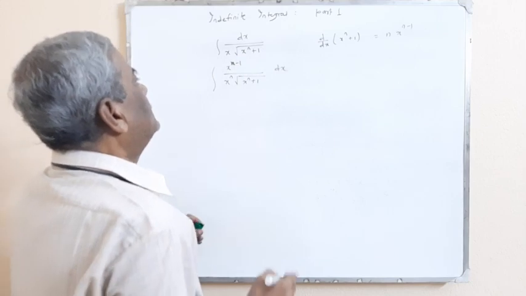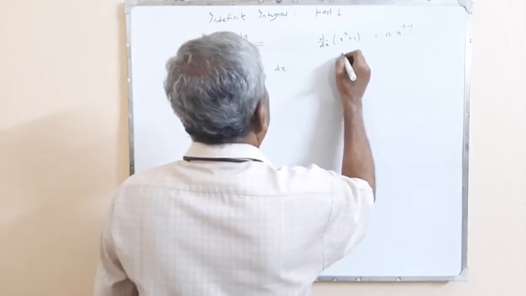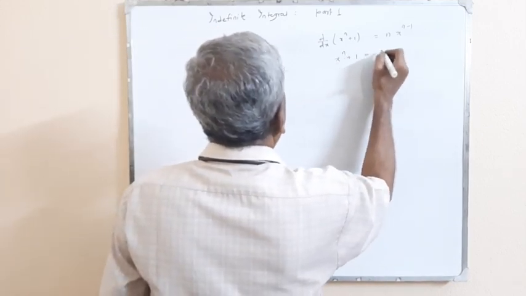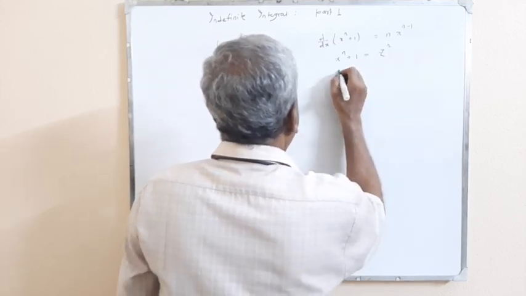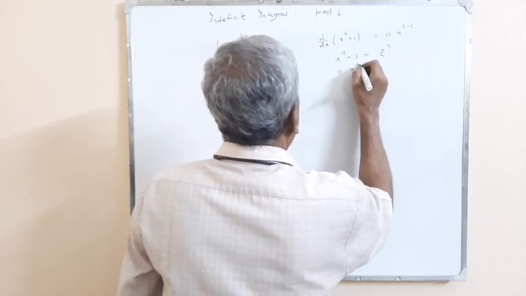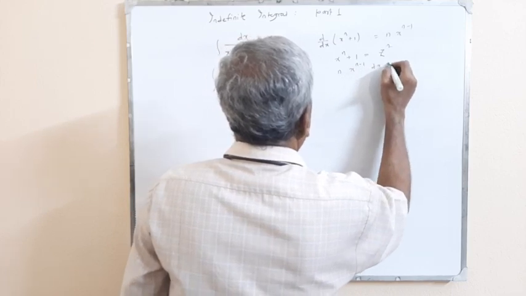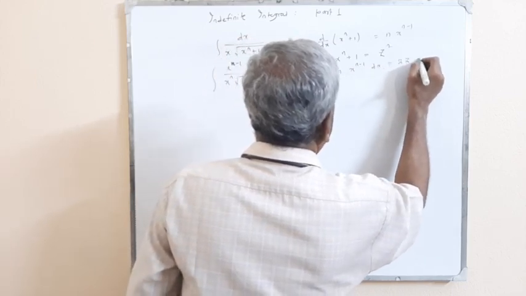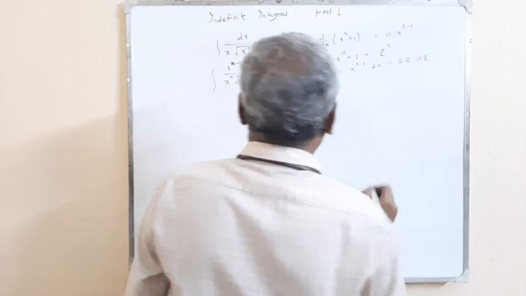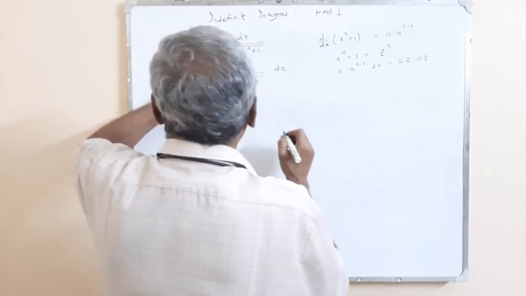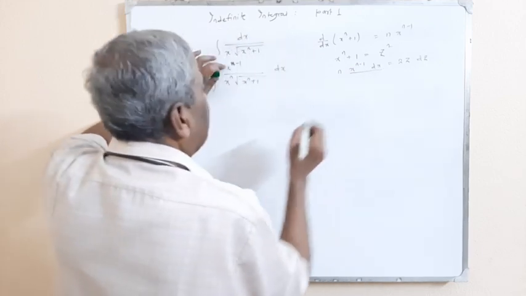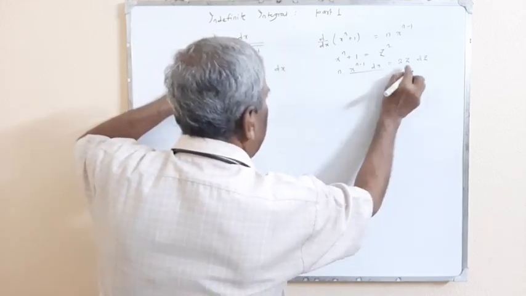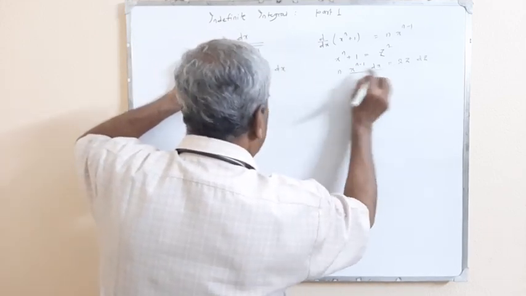Now put x to the power n plus 1 is equal to z square. So n x to the power n minus 1 dx is equal to 2z dz. We have here x to the power n minus 1 dx.